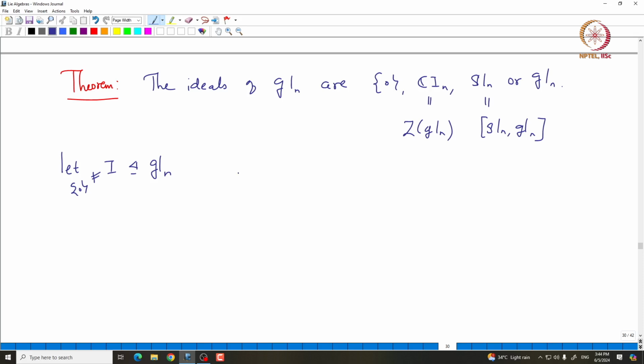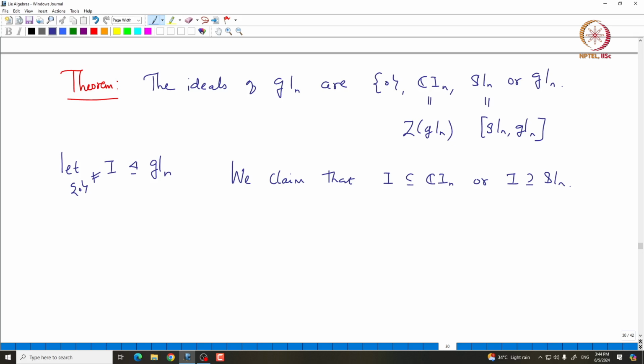Okay. So, we claim that either I is contained in C times identity or I must contain SLN. Okay. So, how are we going to proceed?